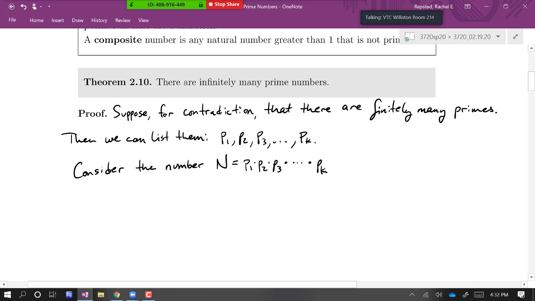So I've multiplied all those primes. If I stop there, that number is divisible by all of those primes, right? But I'm not going to stop there. I'm going to add 1. So we'll note that N is definitely bigger than any of those primes.